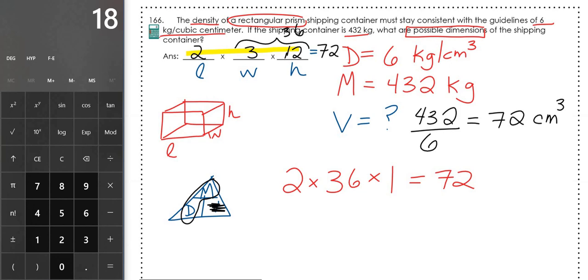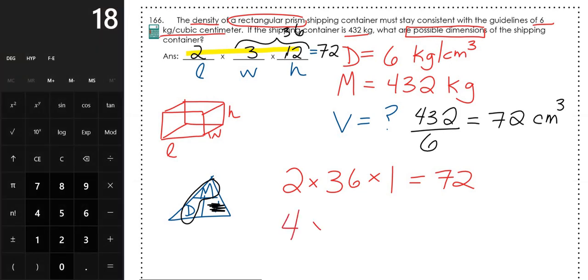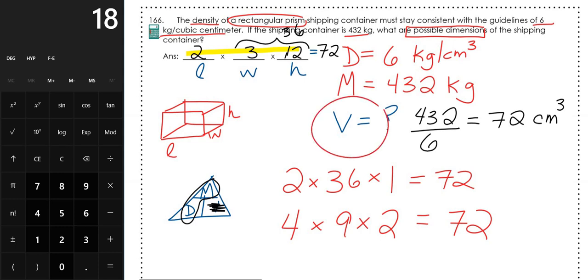Okay, so I have 4, I have 9, and 2. 4 times 9 times 2 is going to give me 72. So literally any 3 numbers that give me 72, the volume, then I can say that yes, those are possible dimensions. Okay, so the goal is to get the volume of 72 here, which we first had to figure out before we could do anything else. Okay, let's move on.